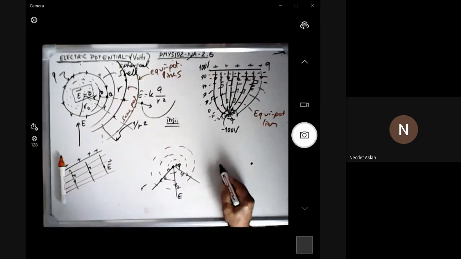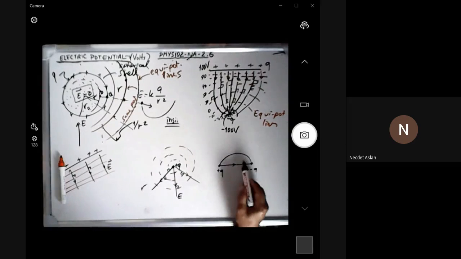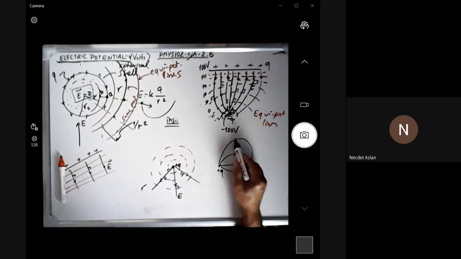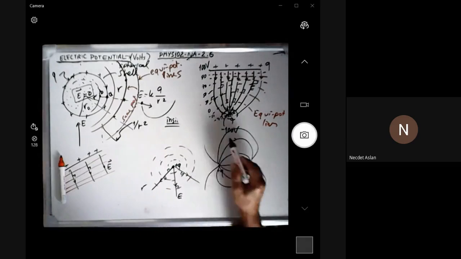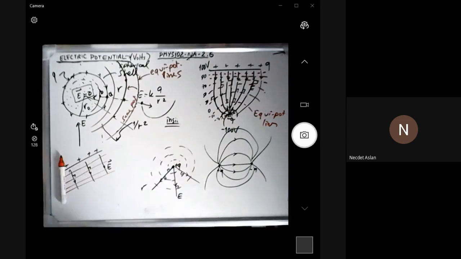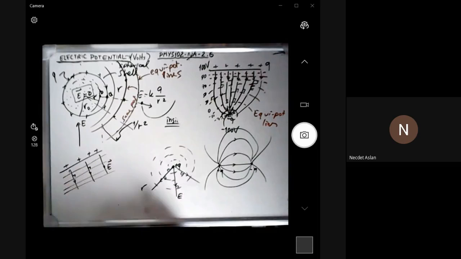If there are two point charges, plus and minus, say their charges are equal, the electric field lines are drawn like that. As you see, there will be some curvature due to these two point charges. But now, what about the equipotential lines?